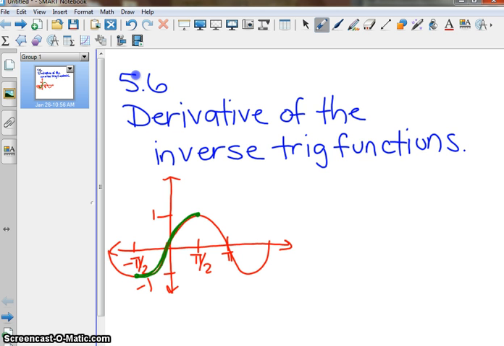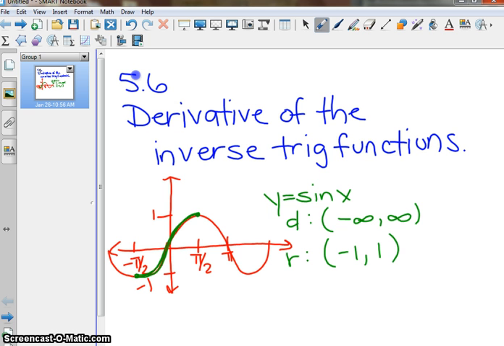Remember, when you're dealing with inverse functions, you just flip-flop the x and y. So if this is the graph of sine x, the domain is from negative infinity to infinity. The range is from negative 1 to 1.